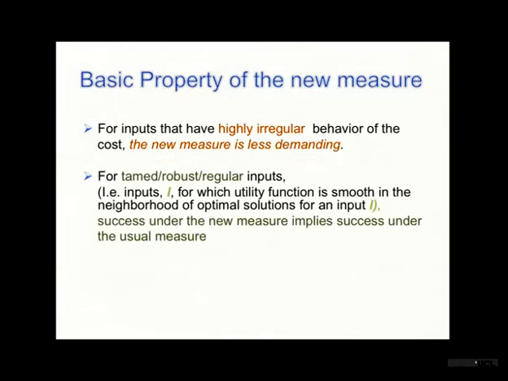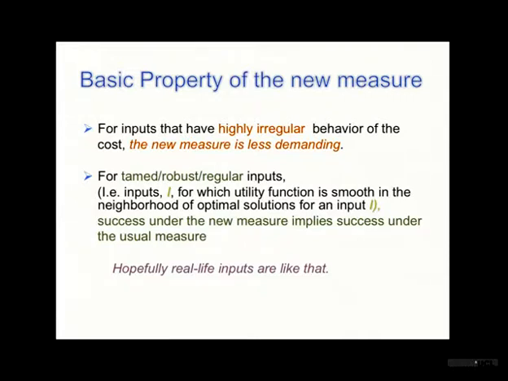The basic property of the new measure is that for inputs that have high irregularity, the new measure is less demanding than the old measure of approximation, because instead of being just 1 plus epsilon, I allow you to be 1 plus lambda, the Lipschitzness, times this epsilon. But for robust, regular inputs, this is a very strong demand. I ask you to get the full optimum solution.